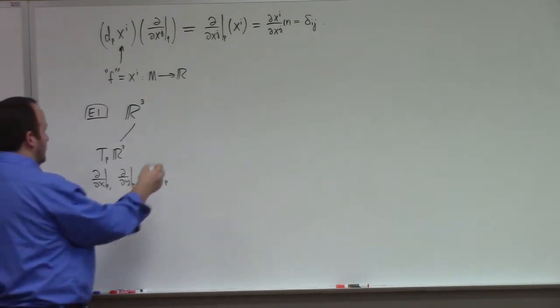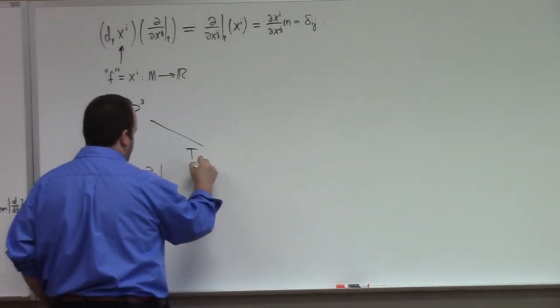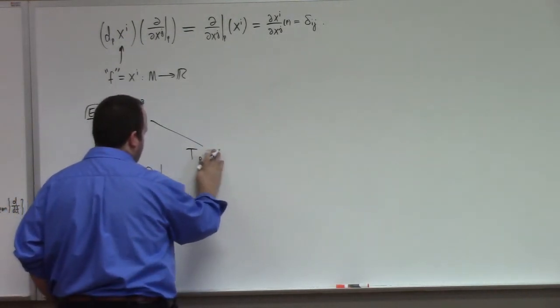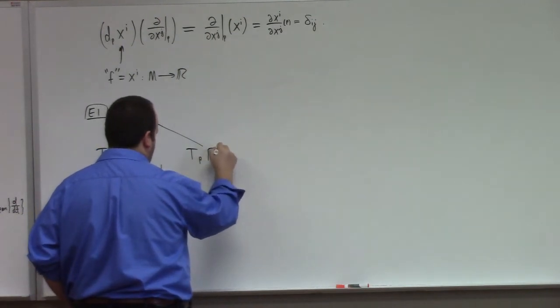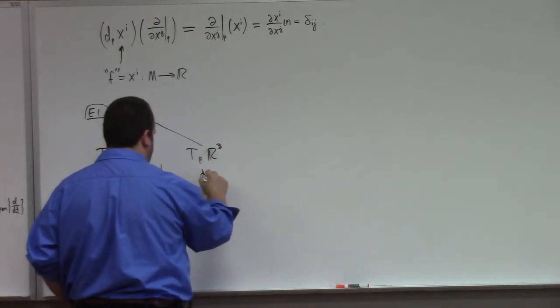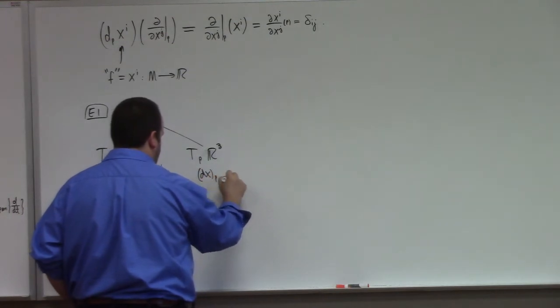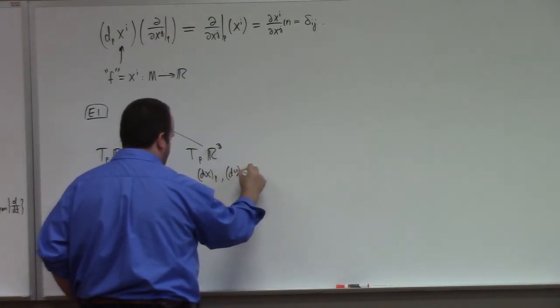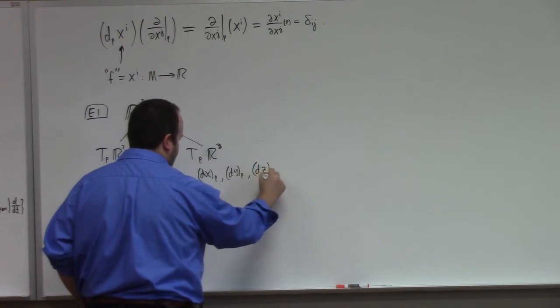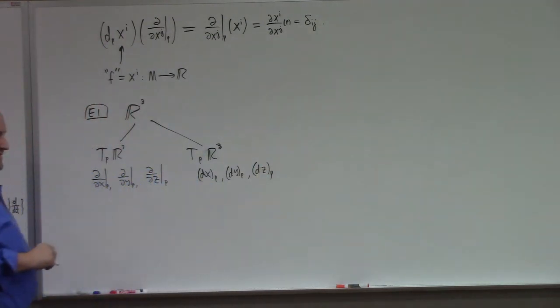What's the basis for the cotangent space at a point to R3? It's d x at p, d y at p, d z at p. No one writes the at p. Very soon we just start writing d x, d y, d z. So d x, d y, d z are the basic dual vectors to the cotangent space at a point in R3.